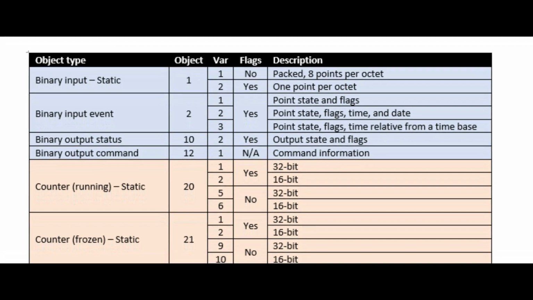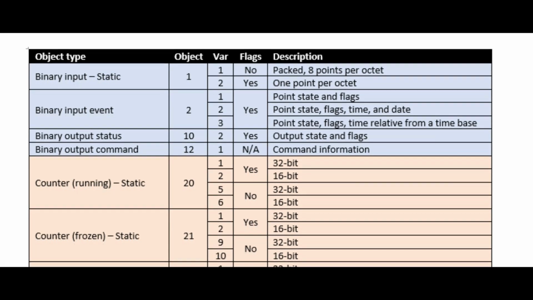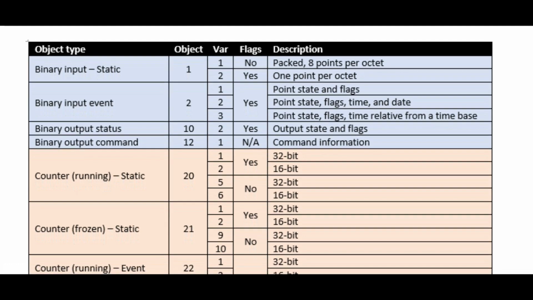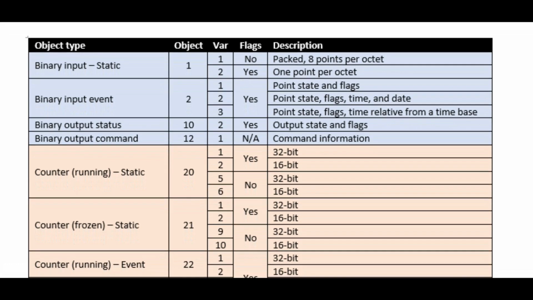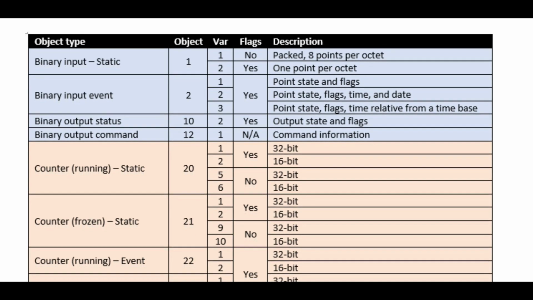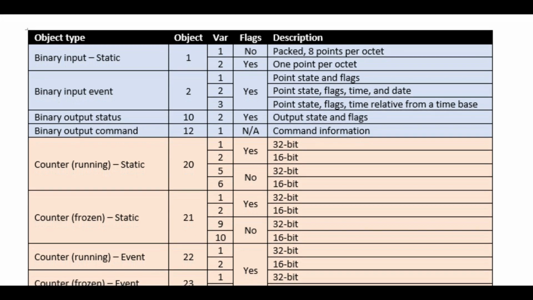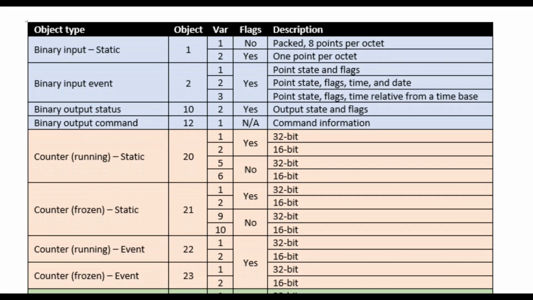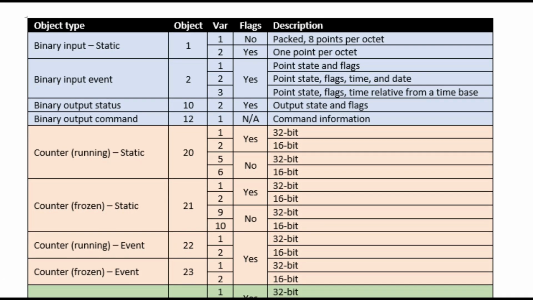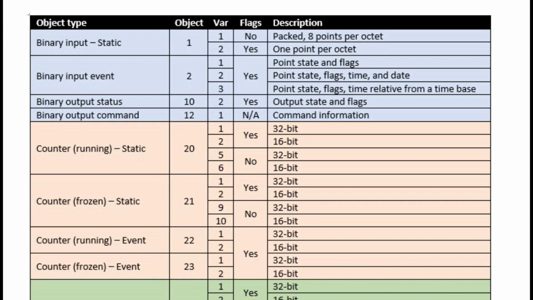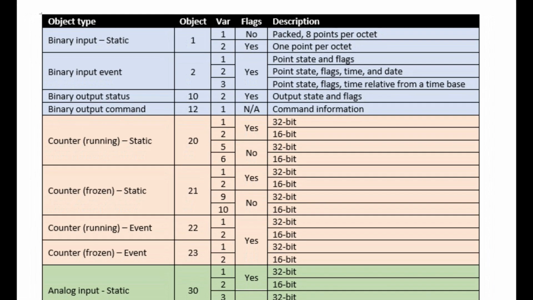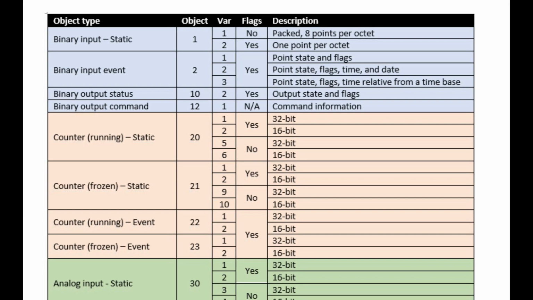One significant point to mention now is the flags column. Among other differences, one thing each variation indicates is whether or not the point is reported with flags. For each input object, an outstation maintains a set of 1-bit information fields called flags. These describe characteristics about the point.